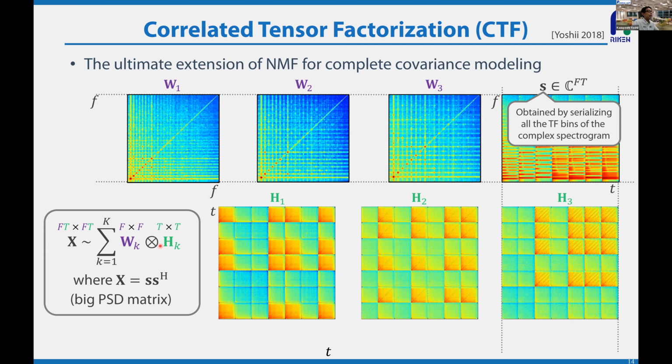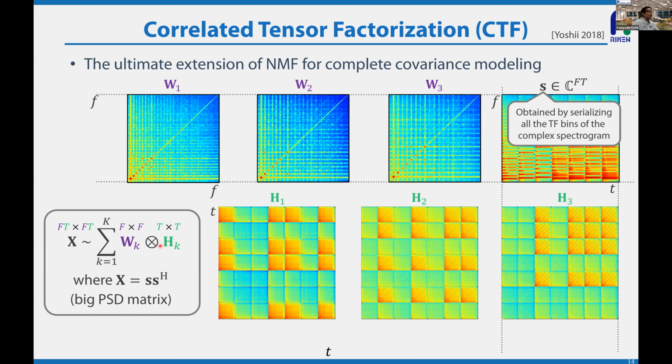Now let's discuss how to reduce the huge computational cost. To do that, we propose a fast correlated tensor factorization, fast CTF in short. This is a special case of CTF, where we introduce some additional constraints.